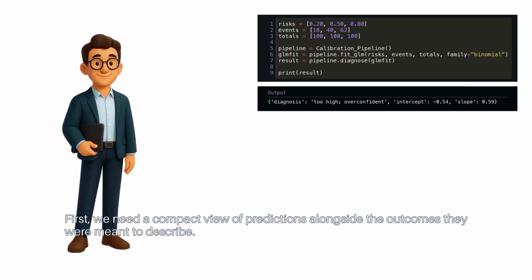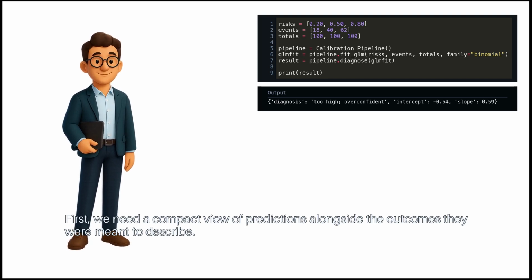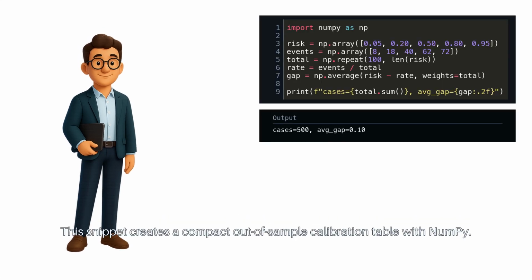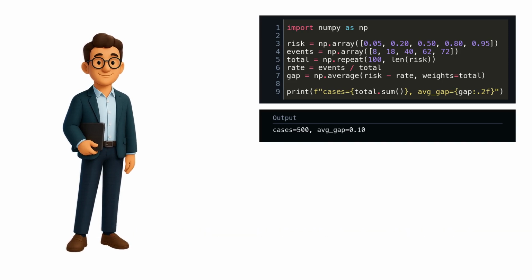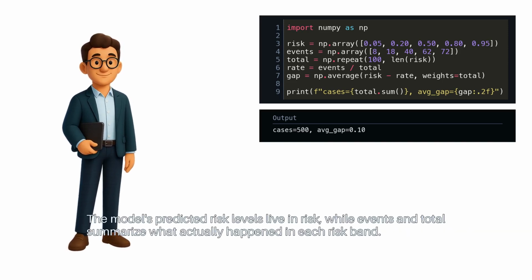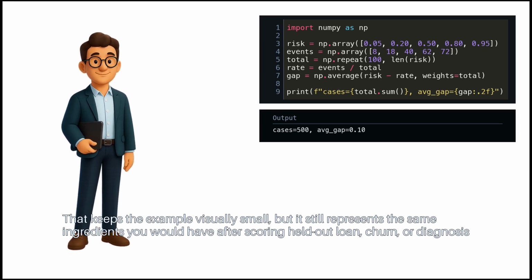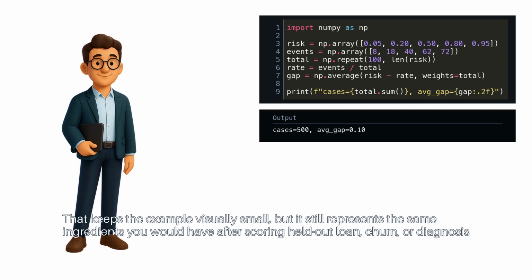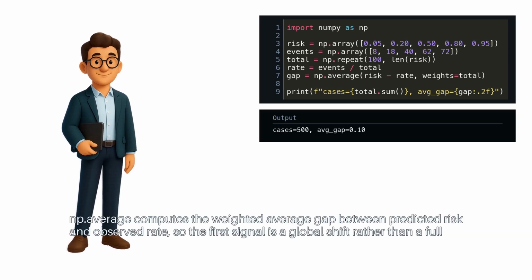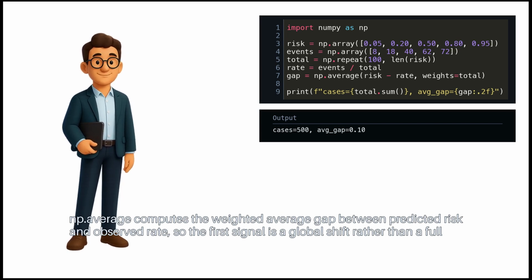First, we need a compact view of predictions alongside the outcomes they were meant to describe. This snippet creates a compact out-of-sample calibration table with NumPy. The model's predicted risk levels live in risk, while events and total summarize what actually happened in each risk band. That keeps the example visually small, but it still represents the same ingredients you would have after scoring held-out loan, churn, or diagnosis cases. np.average computes the weighted average gap between predicted risk and observed rate.